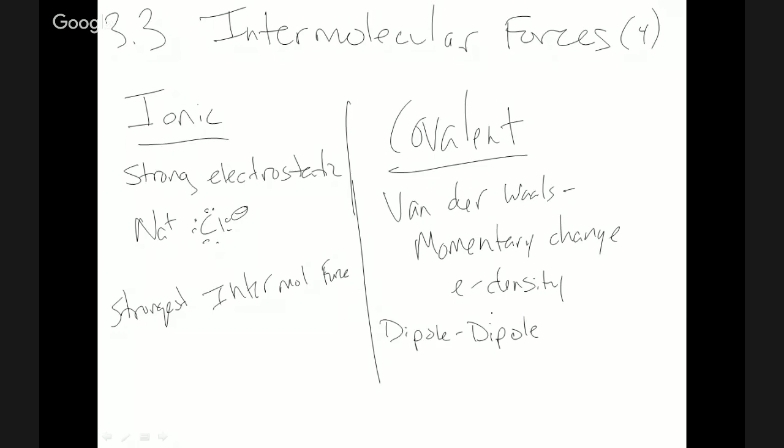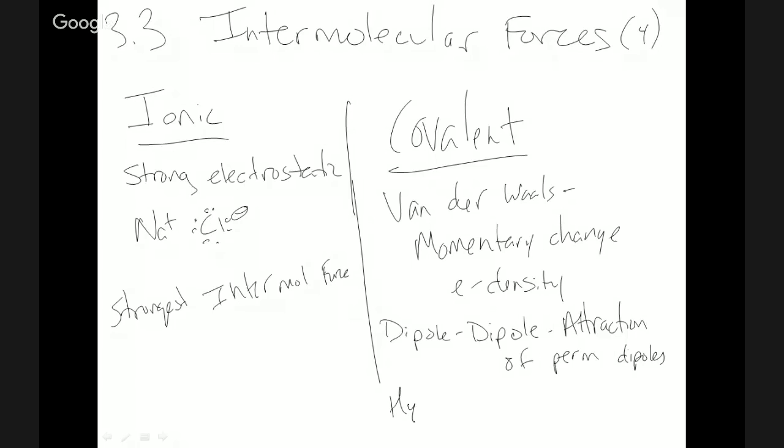So really, you could break the first two down into temporary dipoles and permanent dipoles. So dipole-dipole interactions are just the attraction or interaction of permanent dipoles. A carbon-oxygen bond, for example, is permanent. A carbon-carbon bond or a carbon-hydrogen bond can fluctuate or polarize. You can get a partial positive and partial negative temporarily.